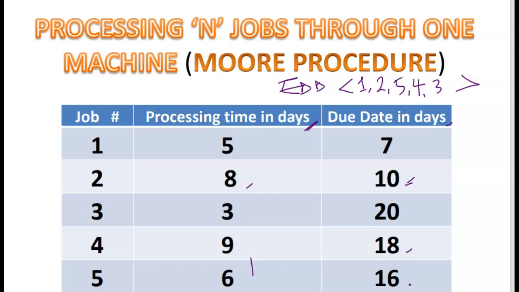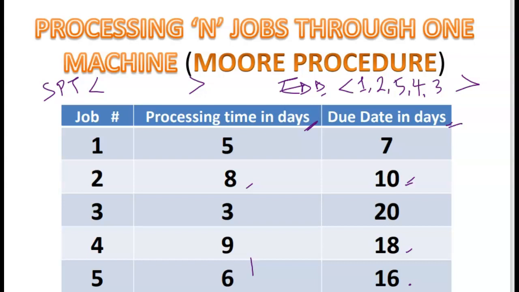Now, if our priority is to use SPT, which is the shortest processing time, how do we sequence these jobs? Note, if you are using EDD, you use the due date to determine the sequence.